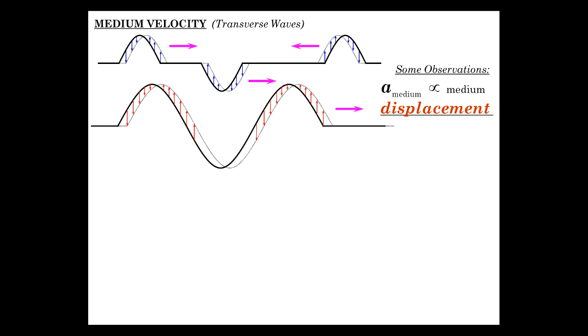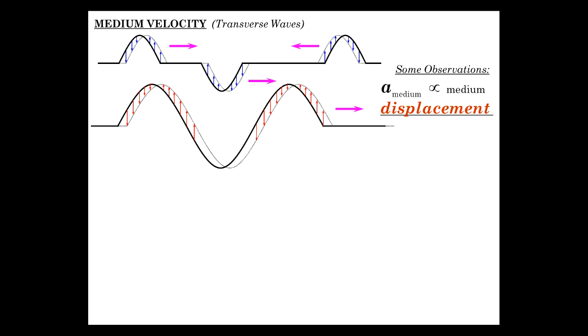So it's accelerating the greatest up at the peak, where the motion is changing the fastest. And right at the peak itself, it's not moving at all for an instantaneous moment in time. But then it does move because it's accelerating. And then it speeds up even though the acceleration is slowing down.